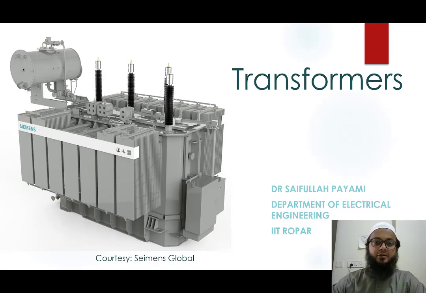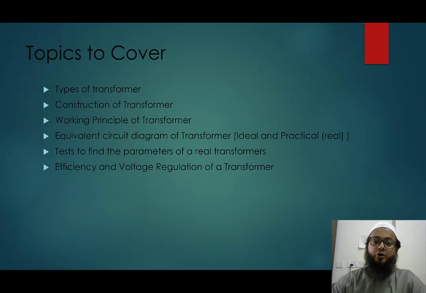So today we'll start a new topic, and the topic is about transformers. The topics we will be covering in this unit are types of transformers, the basic construction of a transformer, the working principle of a transformer, and the equivalent circuit diagram of a transformer.